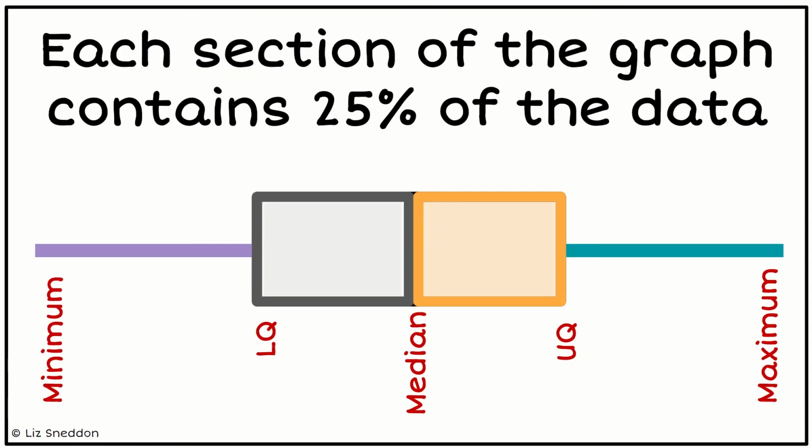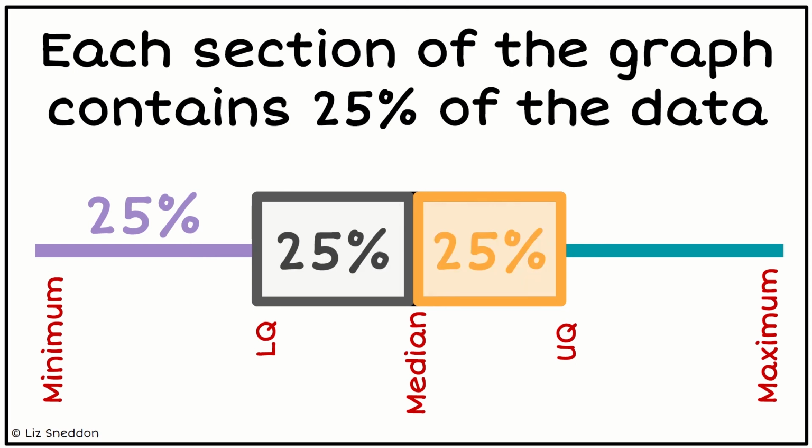When I look at a box plot, each section of my box plot contains 25% of the data. So the tail down the bottom, there's 25%. And the first half of the box is 25%, the second half is another 25%, and the top tail covers 25% of the data.